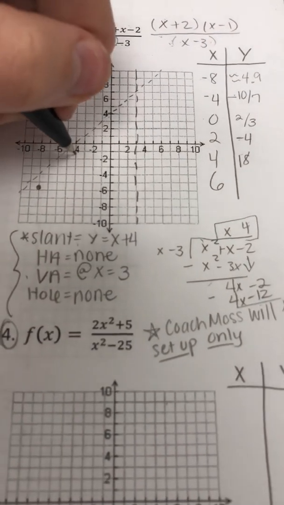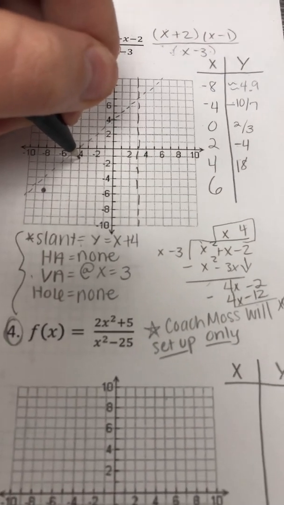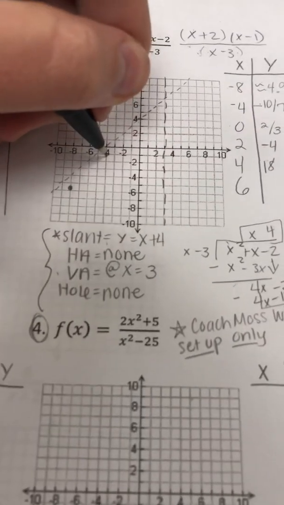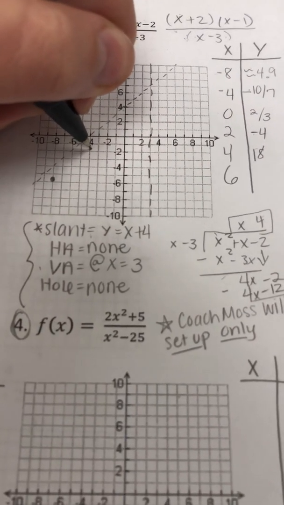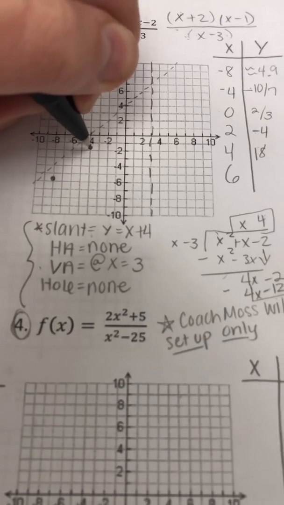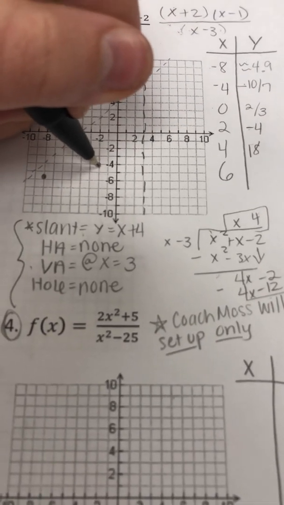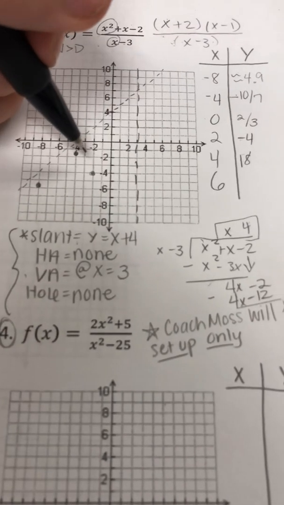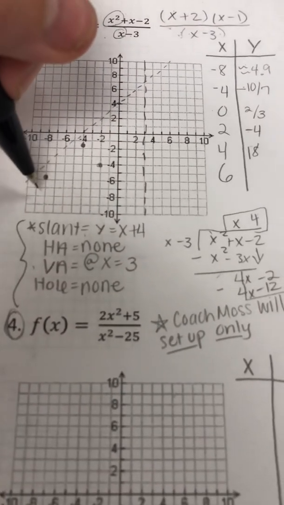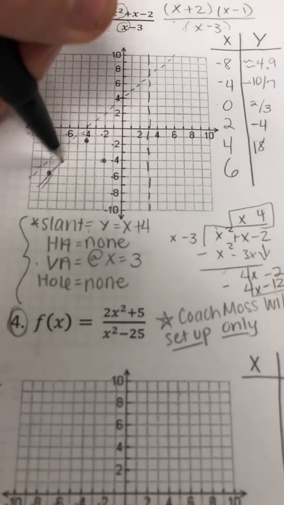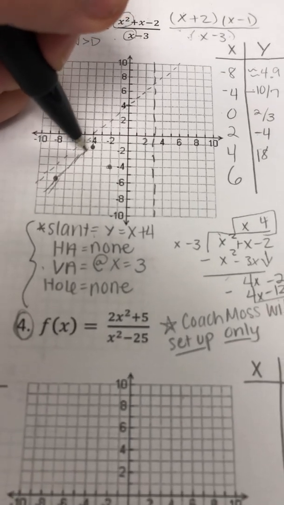At -4, we've got -10 over 7, which is not quite -2. I'm going to put it about right here. And then we have 2, -4. As you can see, it kind of just curves.